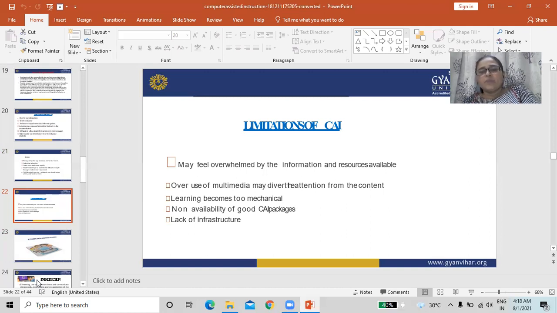Overuse of multimedia may divert the attention from the content. Learning becomes too mechanical.